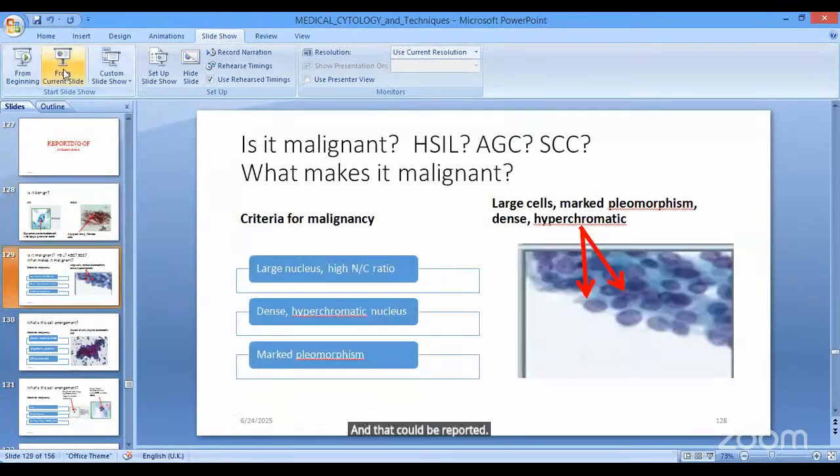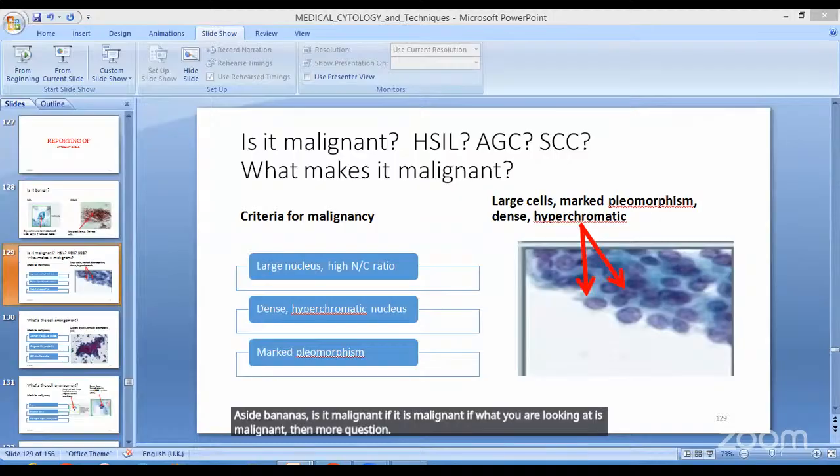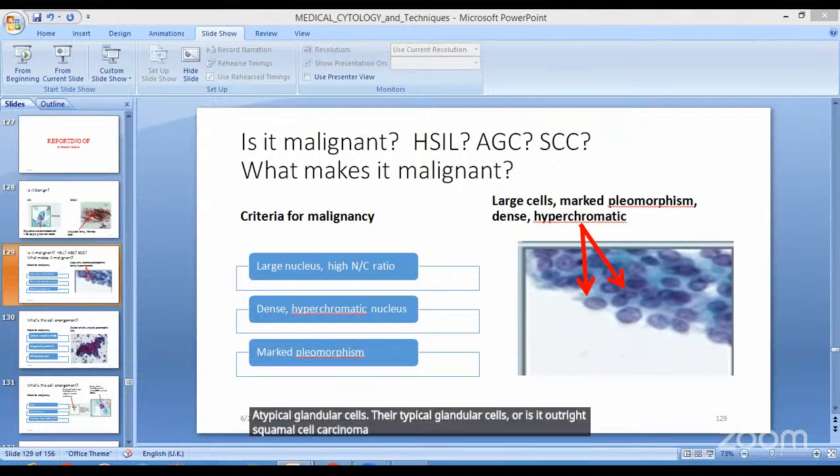Aside from benign, is it malignant? If what you are looking at is malignant, then more questions. Is it HSIL? HSIL means high squamous intraepithelial lesion. Is it AGC? AGC means atypical glandular cells. Or is it outright squamous cell carcinoma, SCC?